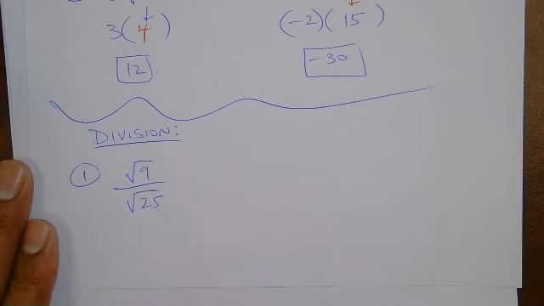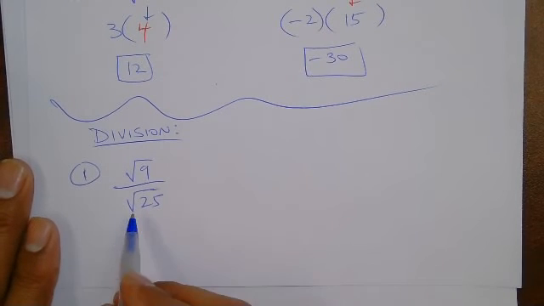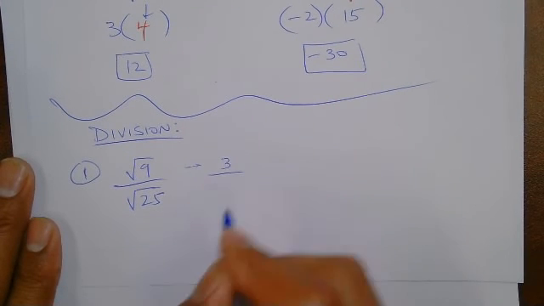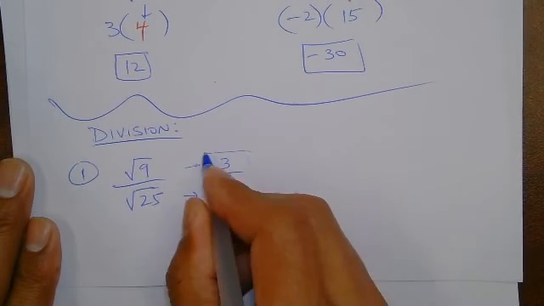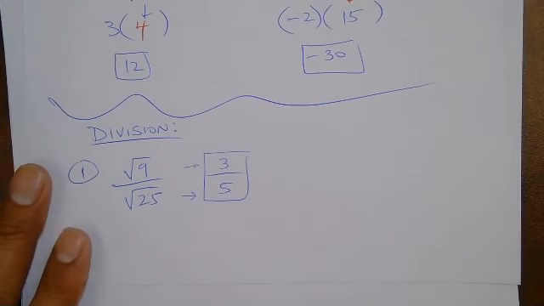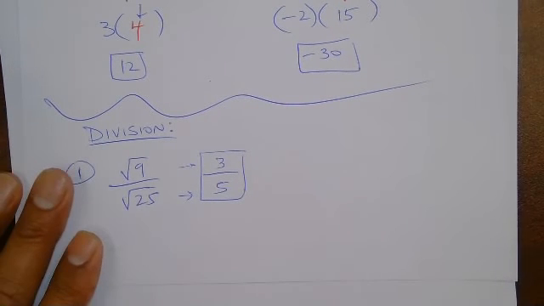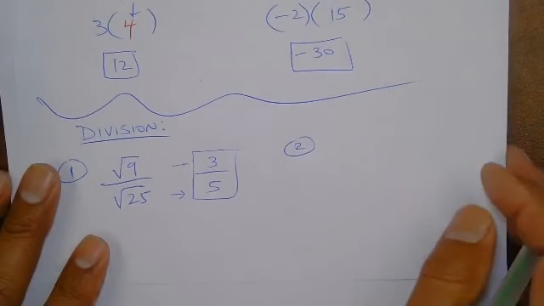Well, first always check, are any of these perfect squares? 9 is a perfect square, and 25 is a perfect square. What's the square root of 9? 3. What's the square root of 25? 5. Aren't they both perfect squares? So always check that first. That's one type of problem you'll see.